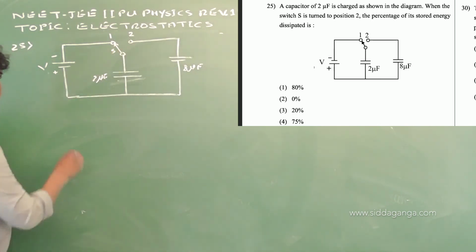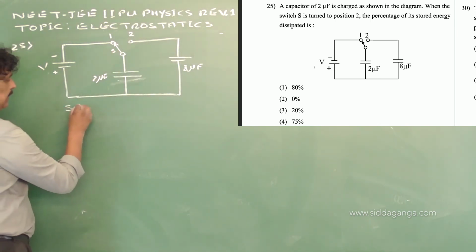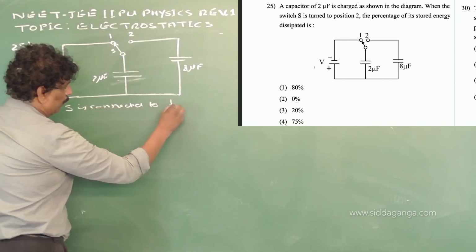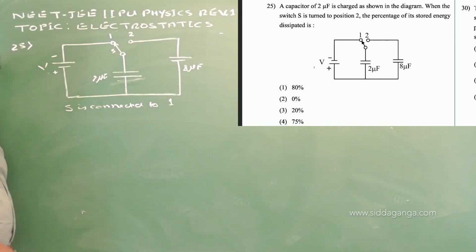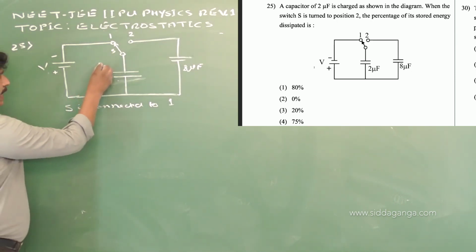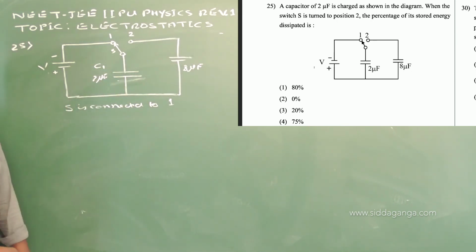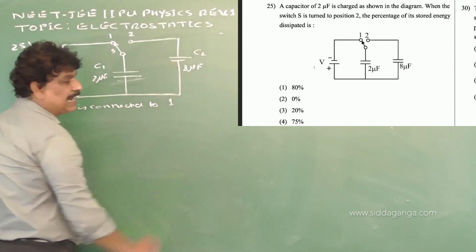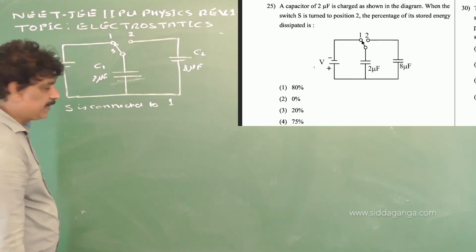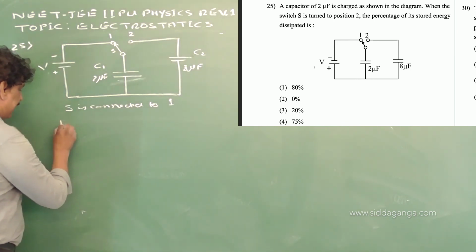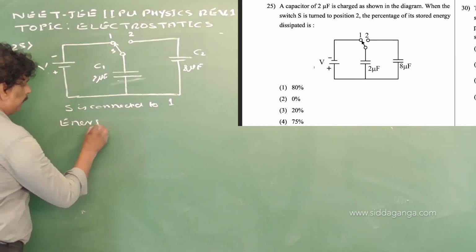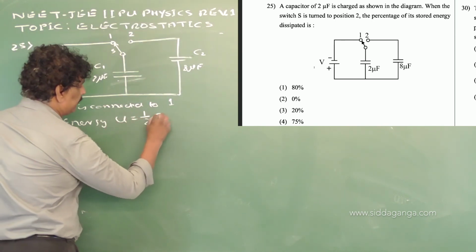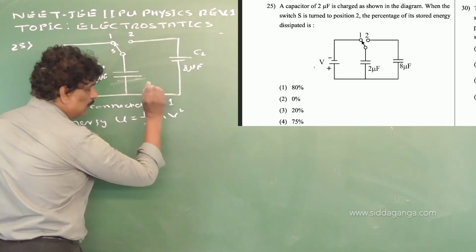Now when S is connected to 1, only C1 is equal to 2 microfarad is charged and C2 is equal to 8 microfarad is uncharged. Therefore, energy stored U is equal to half C1 V square.